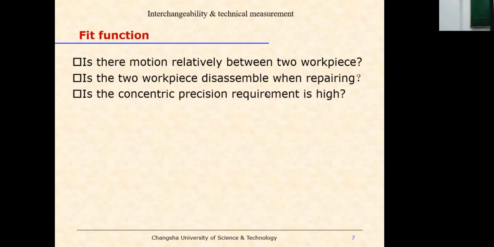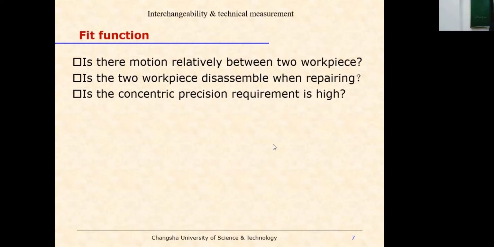If you need assembly and disassembly, and when repairing you can remove the part very conveniently, we need the transition fit. When the part function is to rotate very quickly, we choose the clearance.